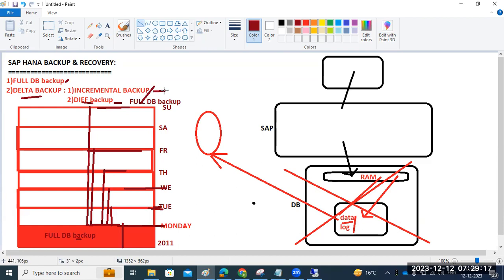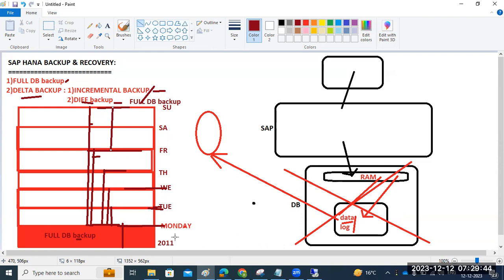Incremental backup looks at the last successful backup, whether it was an incremental backup, a full database backup, or any backup. It will always look at the previous successful backup, and only the data from those days will be backed up. That is the differential backup and incremental backup.